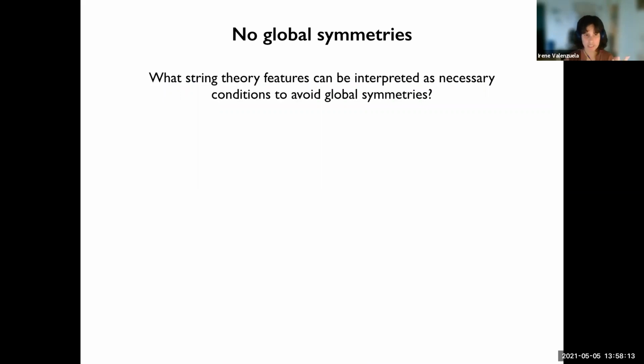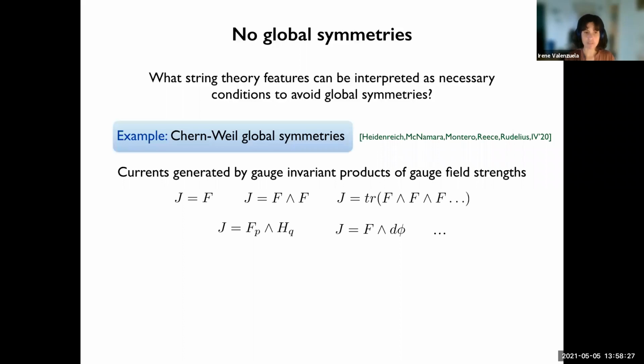Okay, because more generally, if we consider other types of symmetry, it's not just going to be about having charged states, but there could be many other features that can be derived in this way. So just, again, to give one example, in this recent paper, we studied what we denoted as Chern-Weil global symmetry, so that the currents are given by products of gauge field strength.